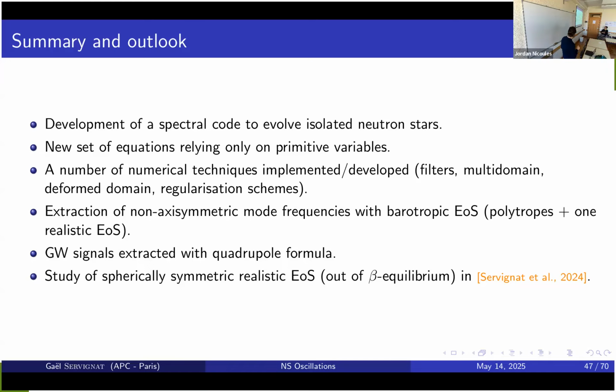I was able to extract some non-axisymmetric mode frequencies for a bunch of equations of state and extract some gravitational wave signals. I did not have time to go into this, but I also studied out-of-beta equilibrium, so you activate electron captures and neutrino emission. The outcome is that at zero temperature, it does not change anything.